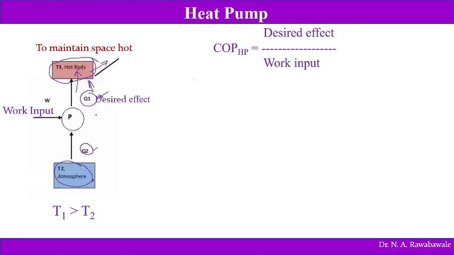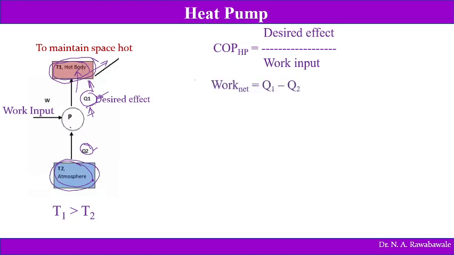Now the definition of desired effect is going to change. In the previous case the desired effect was Q2, now the desired effect is Q1 because we want to maintain this room above the atmospheric temperature. In the case of a refrigerator our aim was to maintain this space below the atmospheric temperature. So now we can see the desired effect is Q1.